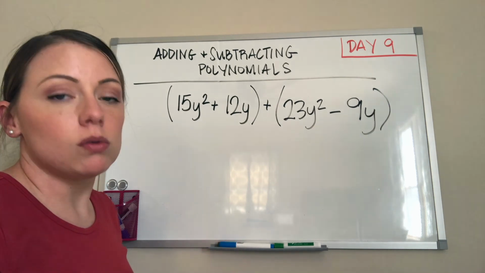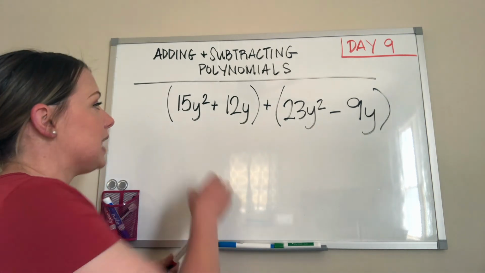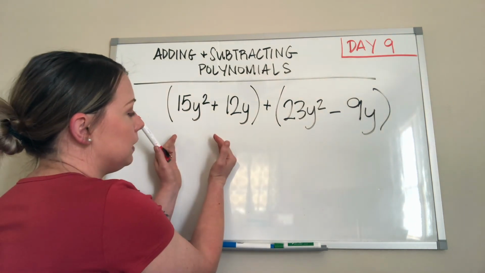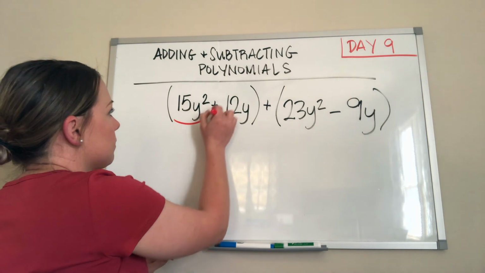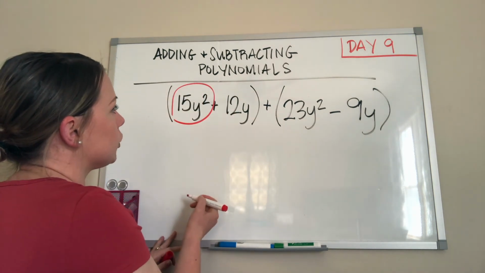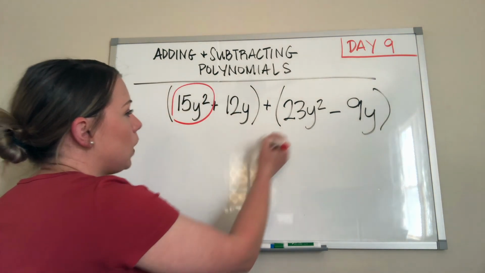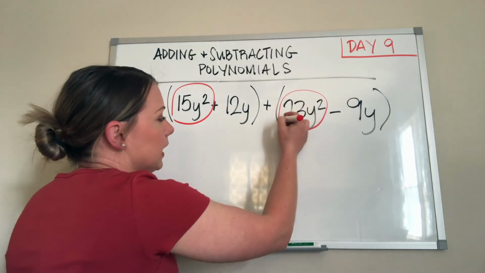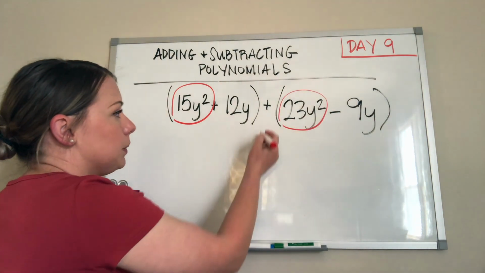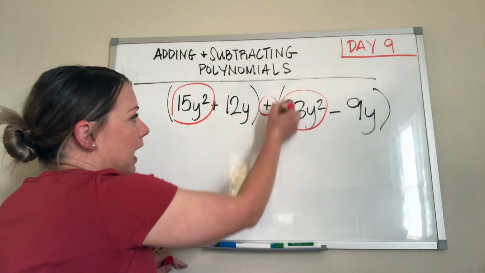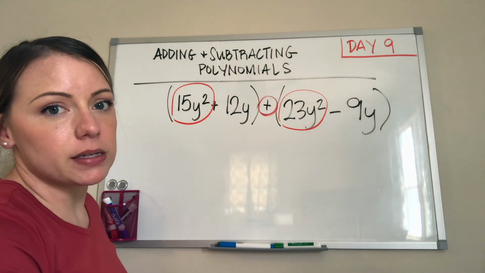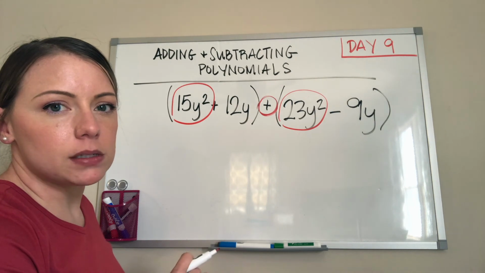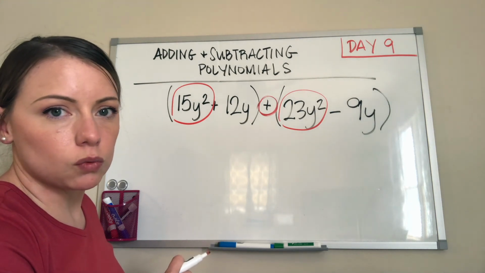So in your notes, it shows taking those like terms, grouping them together, and then getting an answer. So my first like term would be 15y squared, and my second would be 23. Please keep in mind that we're adding them together, meaning we're going to set it up as addition. But if they're opposite signs, we just need to use our integer rules.